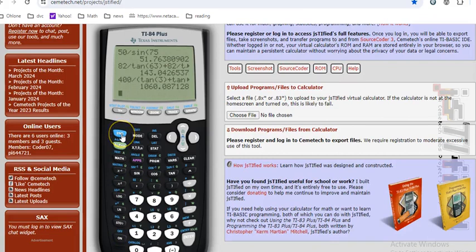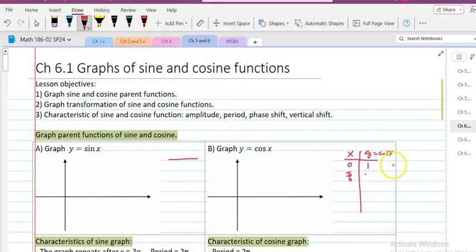We would do second root 3 and then divided by 2 is 0.866. So you can see that it's decreasing, 0.866, and then it decrease up to, we know at pi over 2 becomes 0.